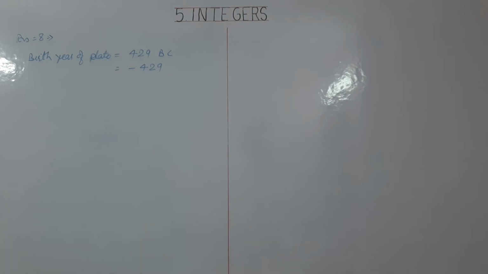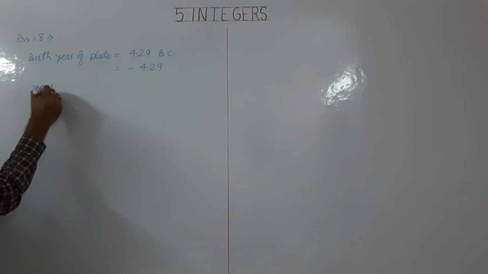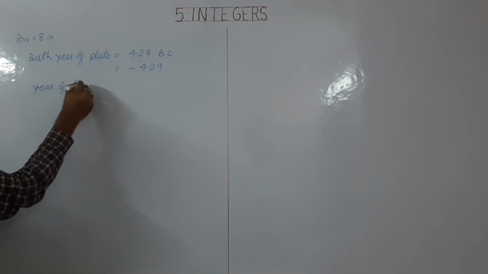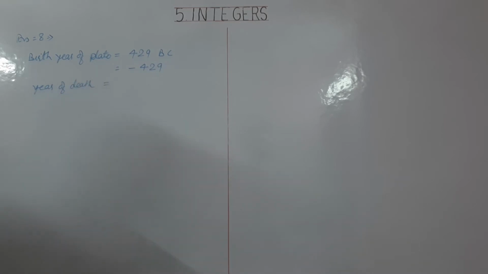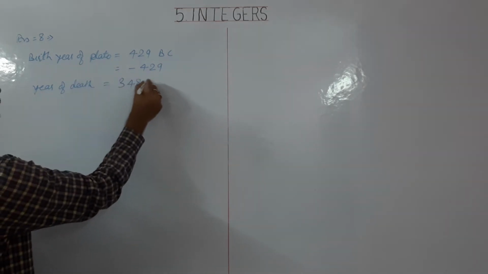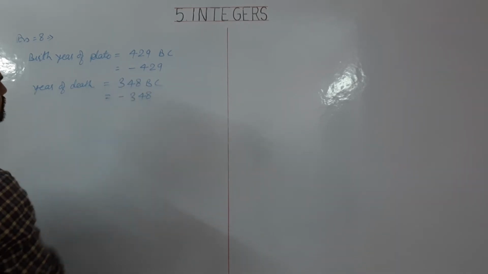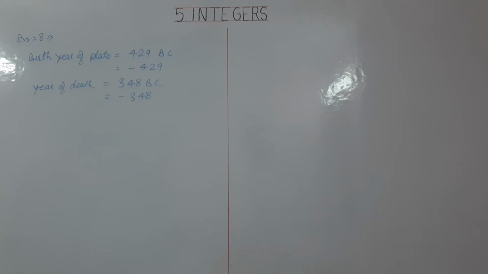Then year of death is 348 BC, or minus 348. Why minus 348? Because BC stands for before Christ. So before means negative.